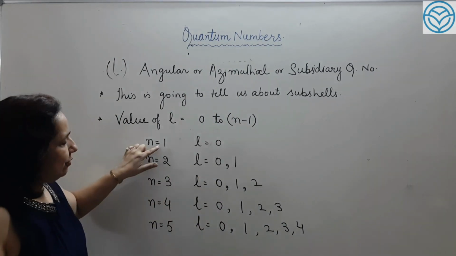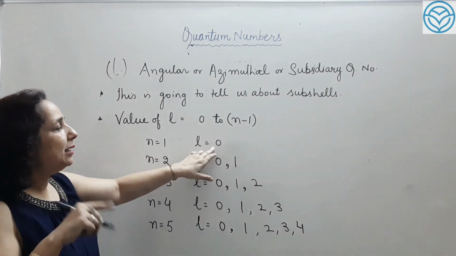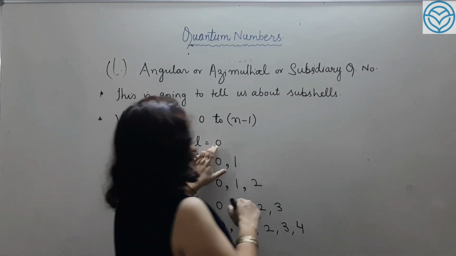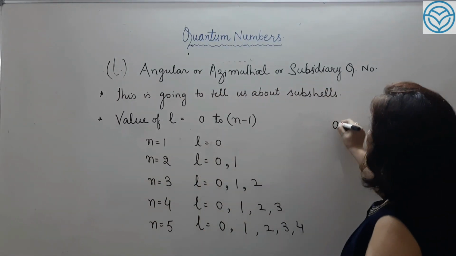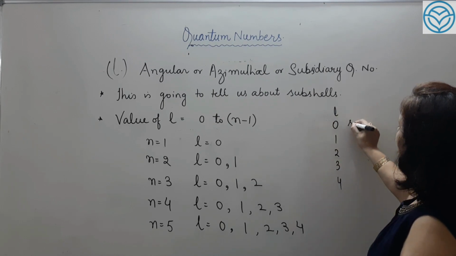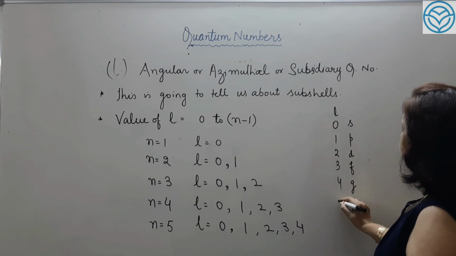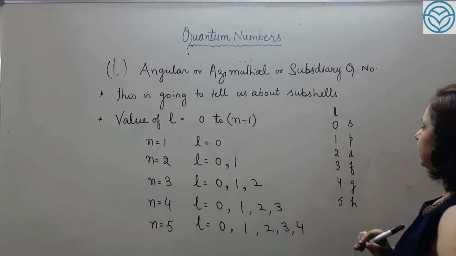Now we can say the first shell has how many subshells? 1. What is the number of that subshell? 0. Now 0, 1, 2, 3, 4 are named S, P, D, F, G, H and so on.